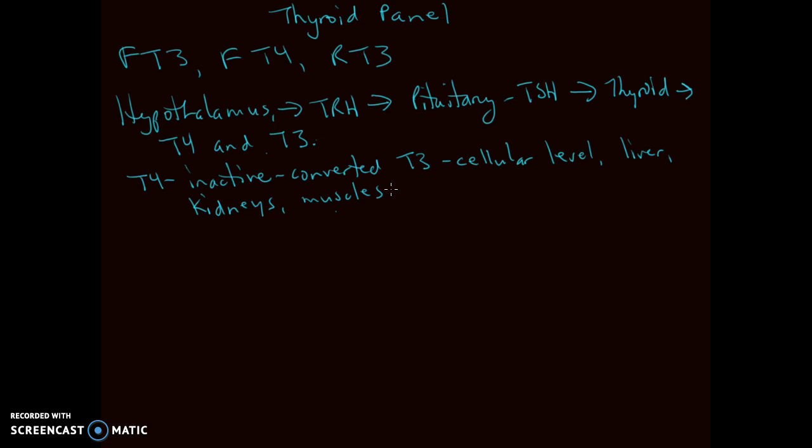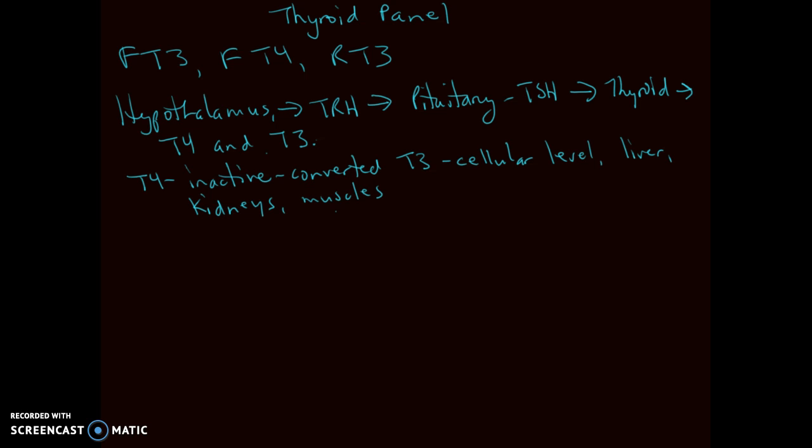This conversion to T3 is the biological or usable form of thyroid hormone that the body can use. And remember that these hormones regulate our entire metabolic rate, our heart rate, our energy production, blood pressure. Every system in our body is affected by these thyroid hormones.